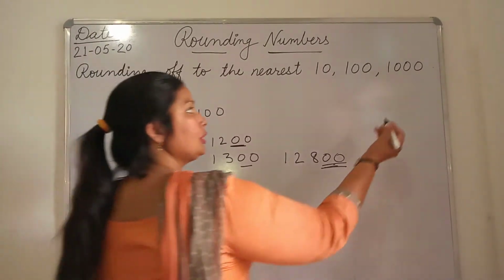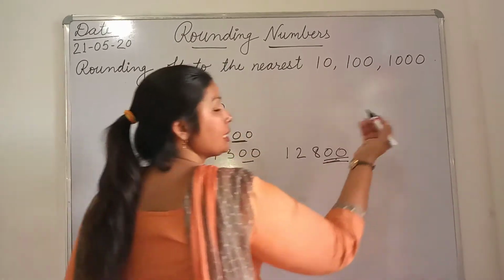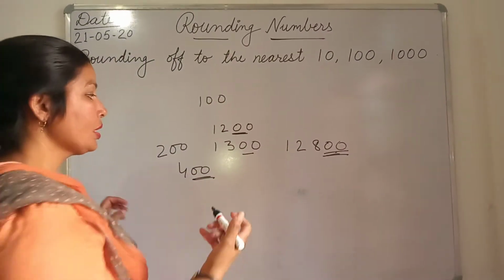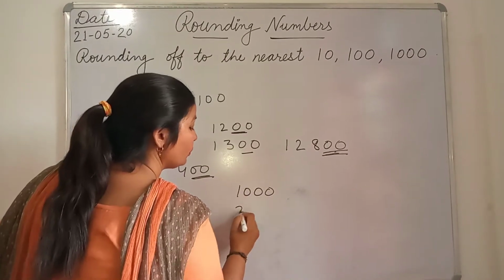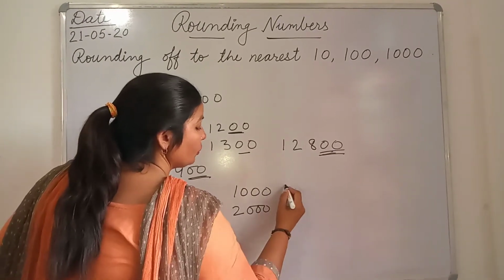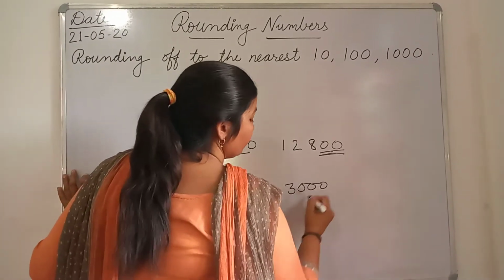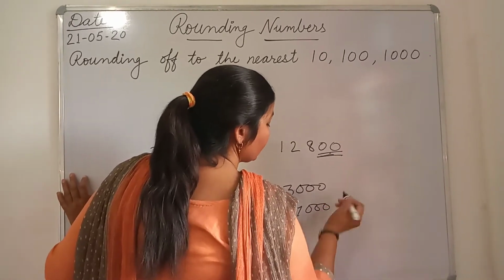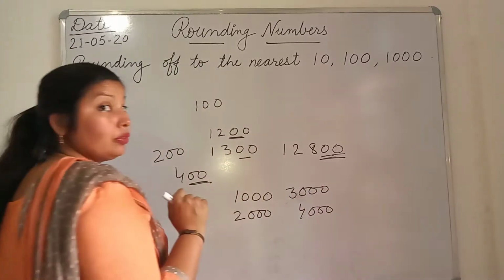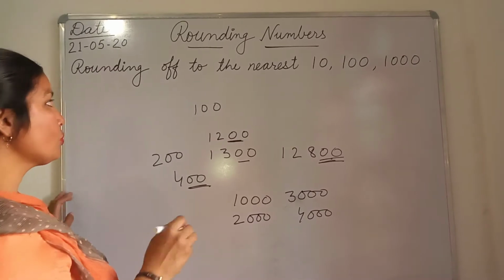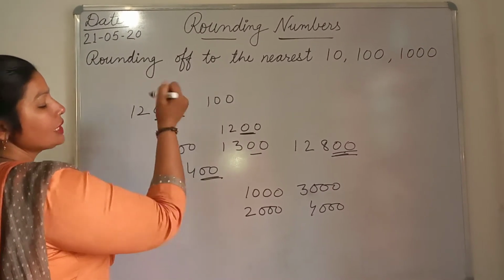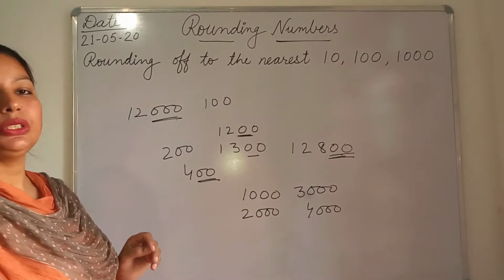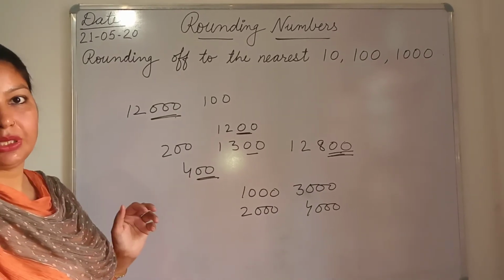And rounding of 1000 means when we have ones, tens and 100 column 0. Suppose we take 1000, 2000, 3000, 4000. These are all counted as rounding of 1000. Suppose we have 12,000. This is also rounding of 1000.